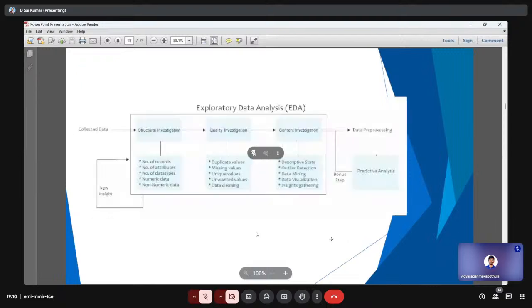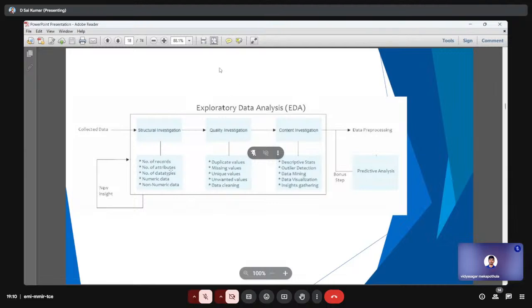Okay, sir. So this is the detail about exploratory data analysis. Once after collecting the data, exploratory data analysis talks about the structural investigations, like the number of records present in the data set and the number of attributes.